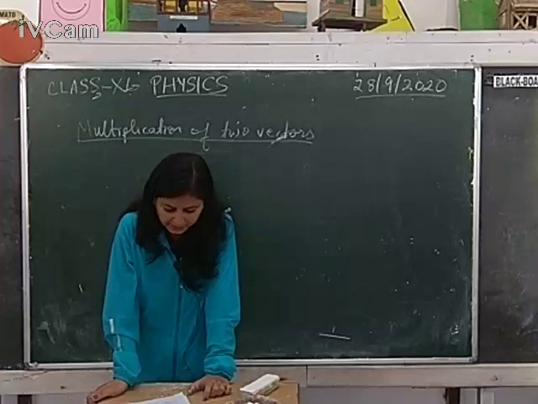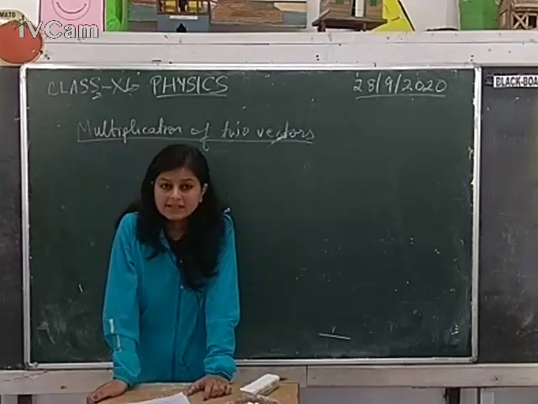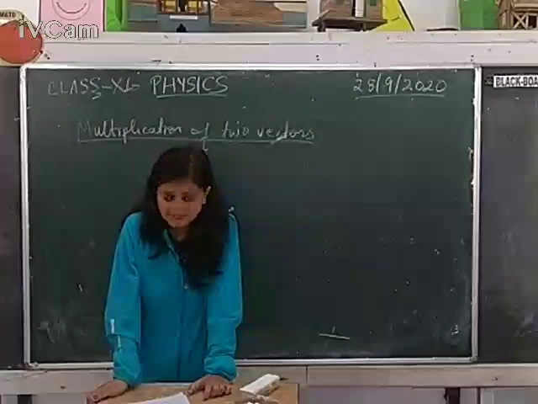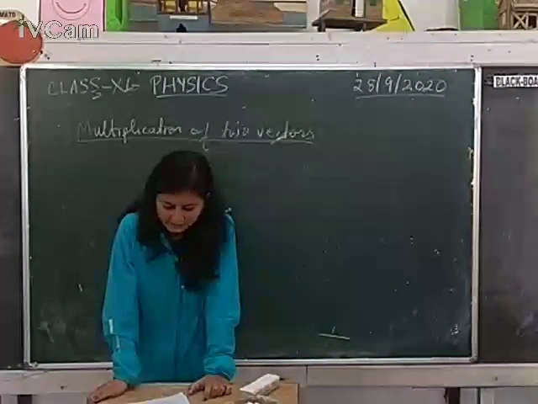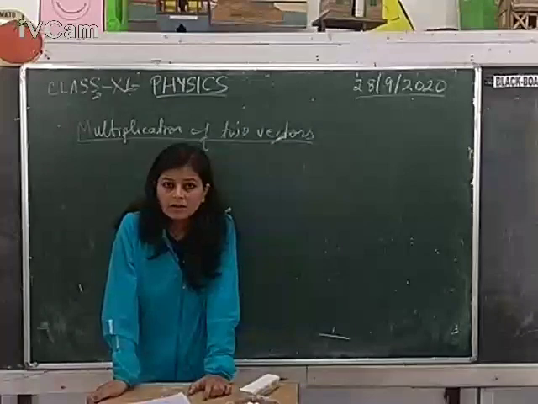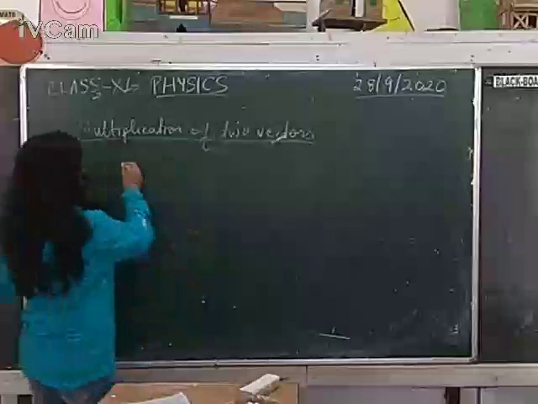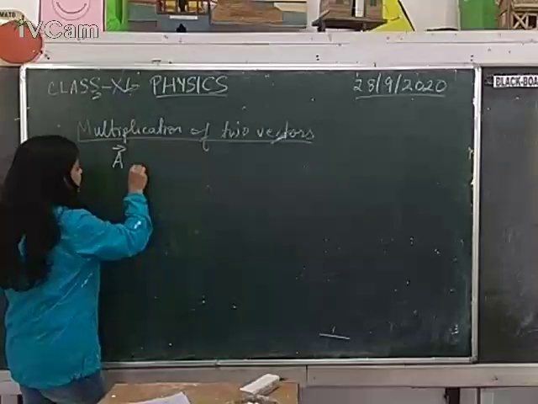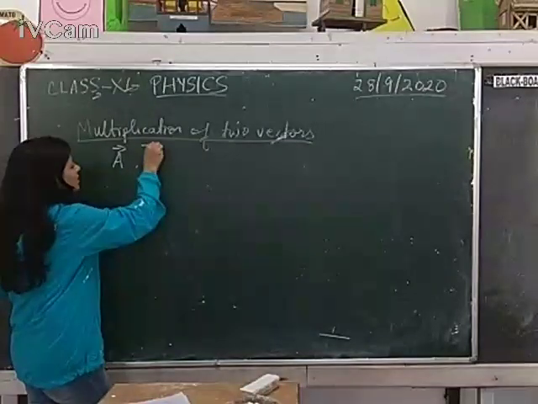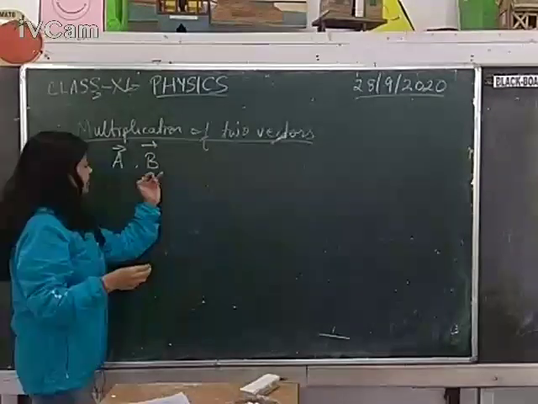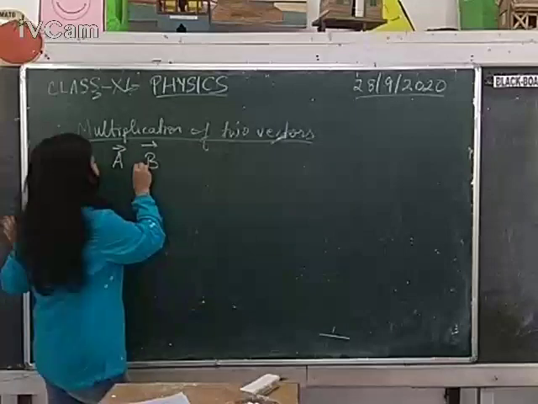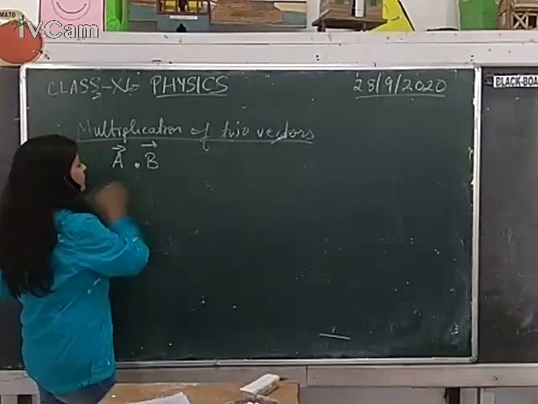Now what is the scalar product? If the product of two vectors is a scalar quantity, then it is called the scalar product or dot product. Suppose you have two vectors A and B. After multiplication, if you get the final result as a scalar quantity, then the product is called a scalar product.